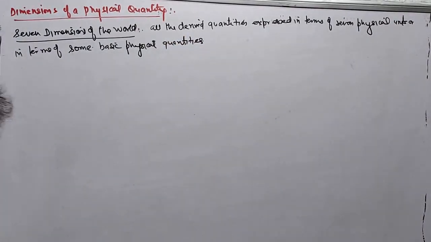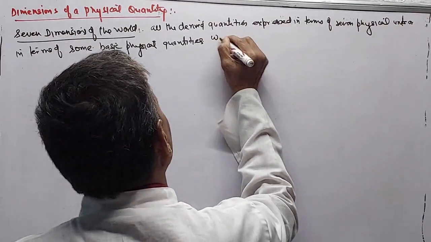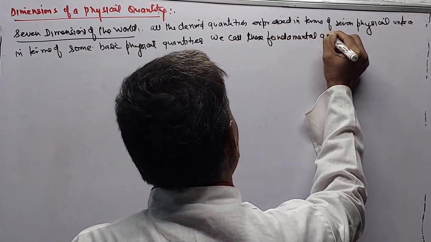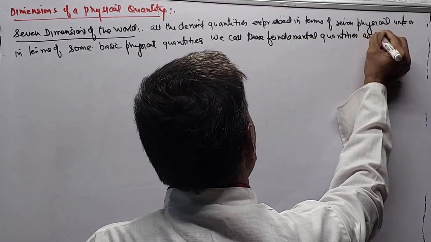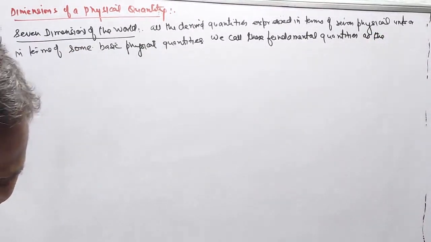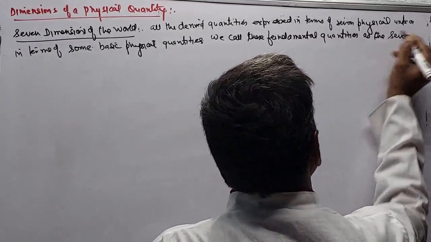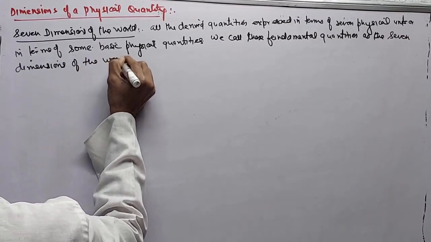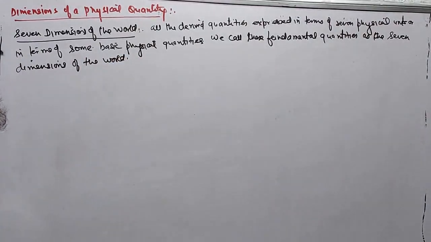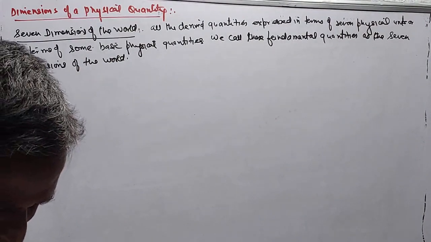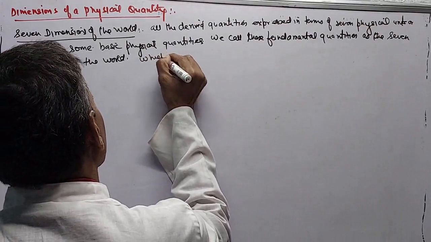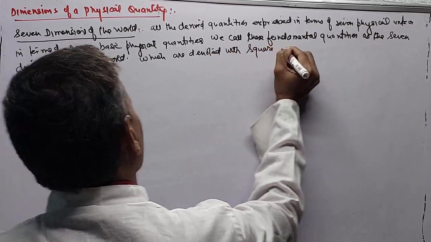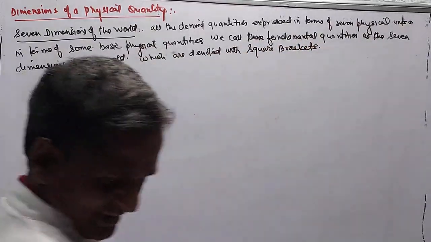We call these fundamental quantities the seven dimensions of the world, which are denoted with square brackets.